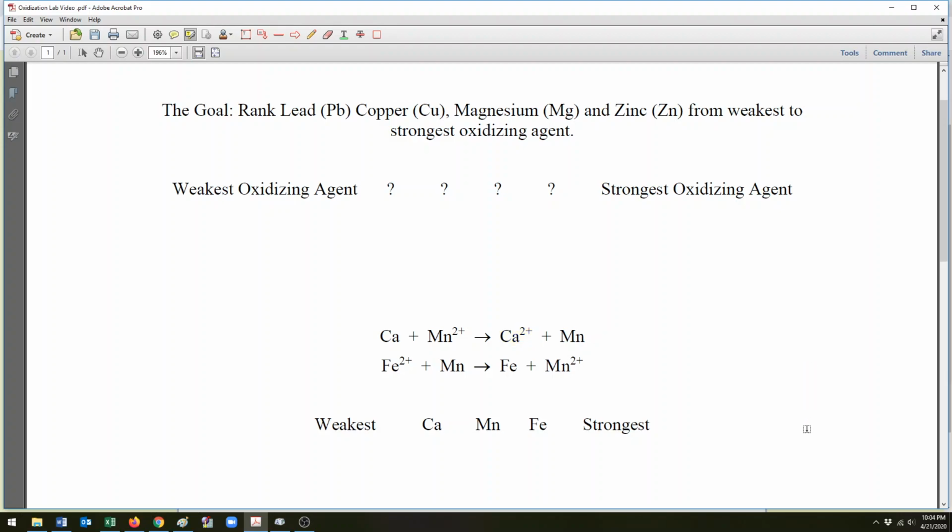Now, the interesting thing is, depending upon what magnesium is reacting with, it can either be the oxidizing agent, or it can be the thing that's being oxidized. So to understand this, let's take a look at what happens in the second reaction, where magnesium and iron are reacting. Now here, what's happening is iron is starting off with a charge of +2. And that means it's just itching to steal electrons, which it does. It steals 2 electrons from magnesium.